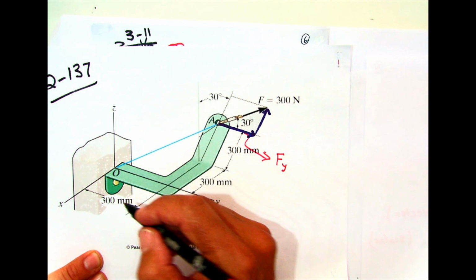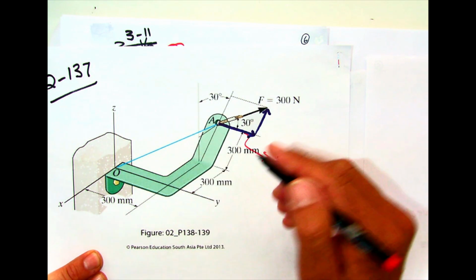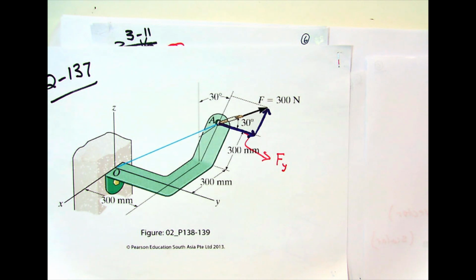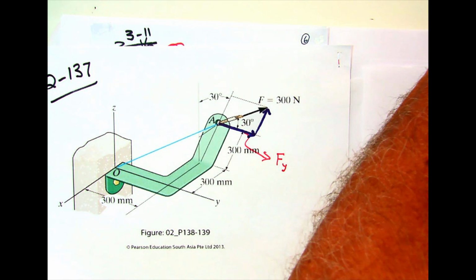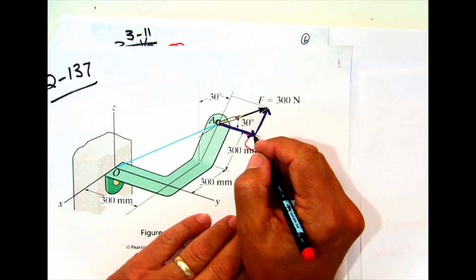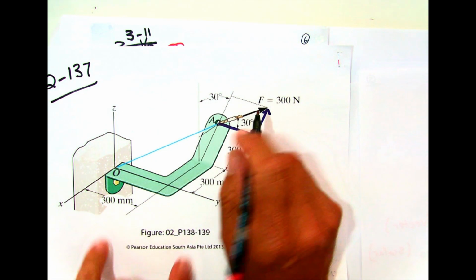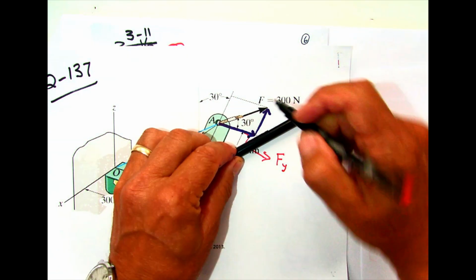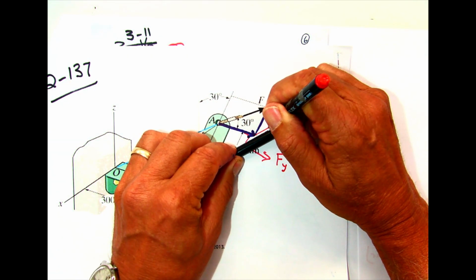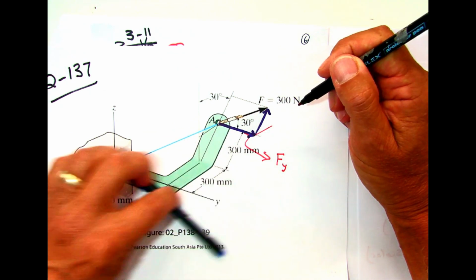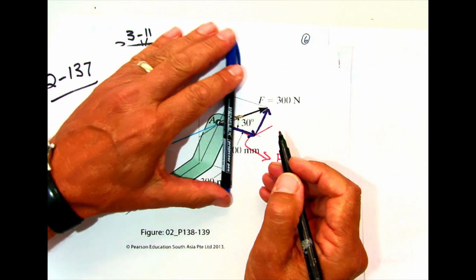Now in order to get the z and the x components, you can break that one up. Where's the x direction? The x direction is here. You can break that one up into a component there, parallel to x and parallel to z.